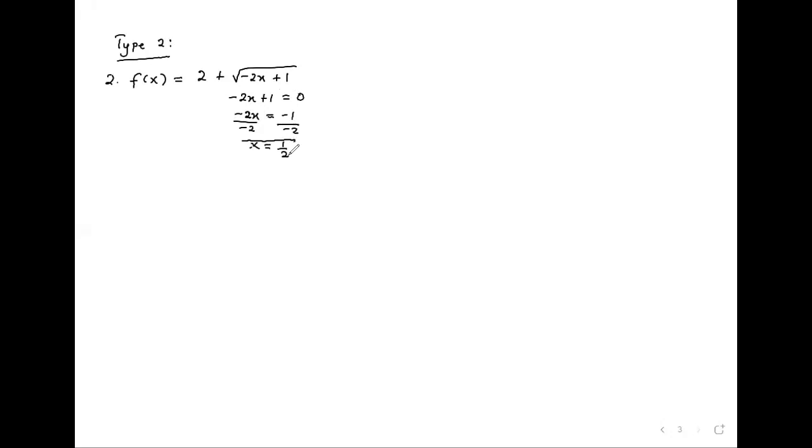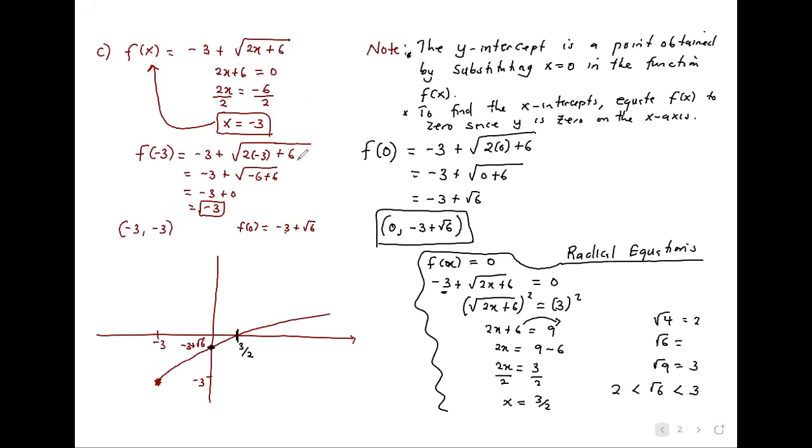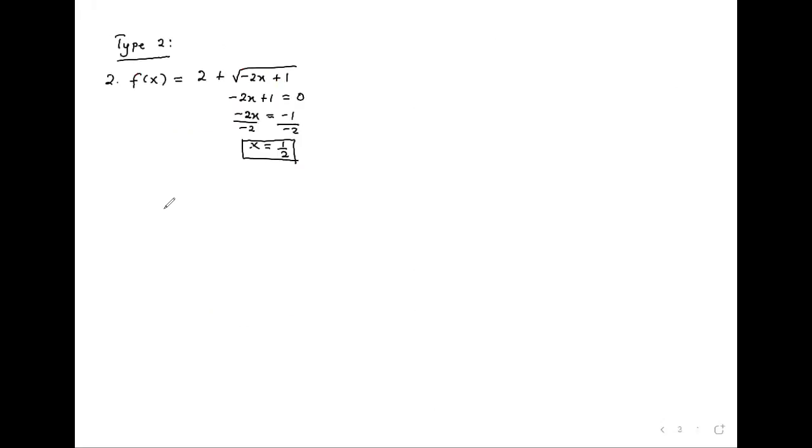This x here, I'm now answering that question which was asking what happens on this. We answered here. This value we get, x is equal to half, is the x value for the starting point.